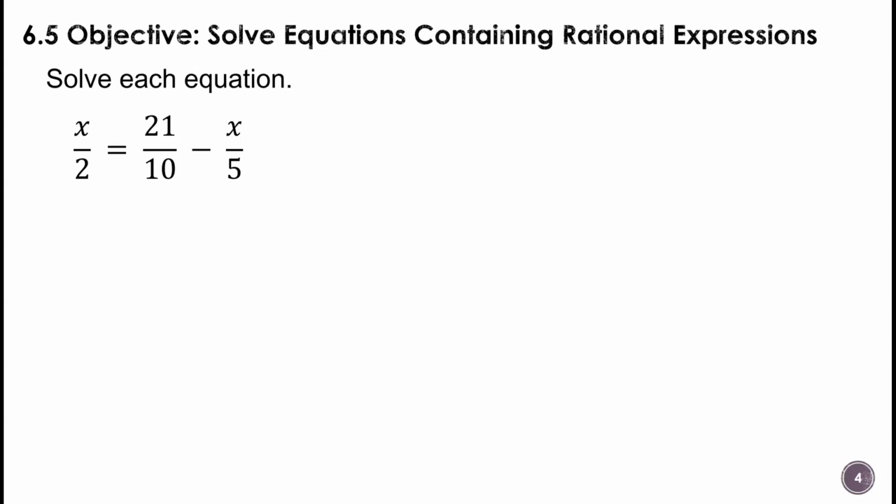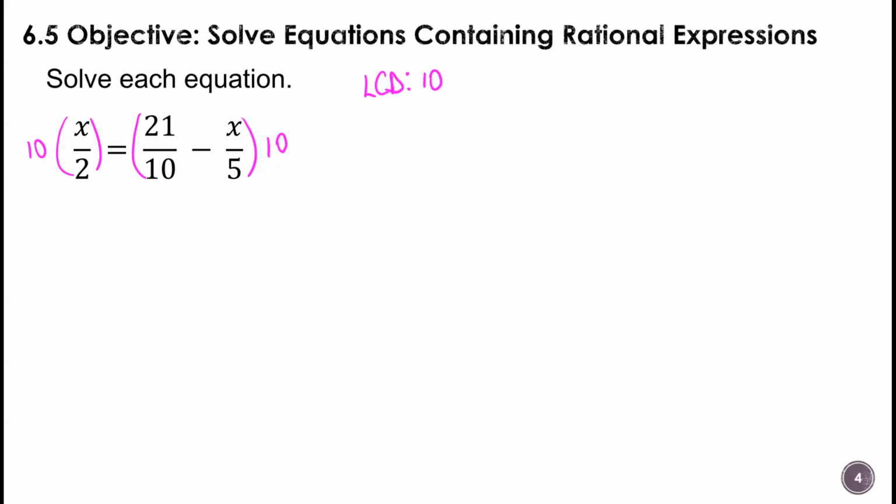So on this, we just have to determine our common denominator, which in this case is 10. All right, so that means that we multiply every term in the equation times 10, or both sides of the equation times 10. And remember that we're just checking to see, okay, this denominator goes into 10 how many times?